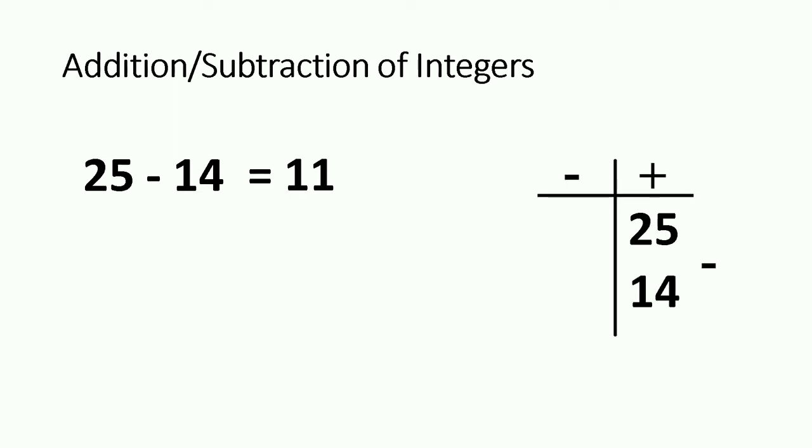When we subtract, we would have 11. But how are we to know that the 11 is positive or negative? You simply look at the column to which the operation was done. The top of the column gives you the sign, so the answer would be positive 11.